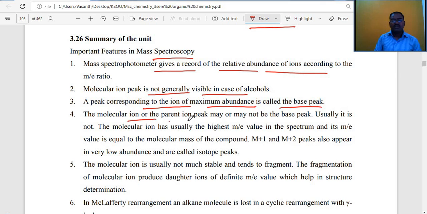The molecular ion or parent ion peak may or may not be the base peak. Usually it is not. The molecular ion usually has the highest m/e value in the spectrum, and its m/e value is equal to the molecular mass of the compound.